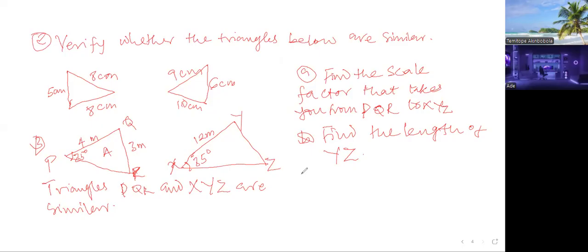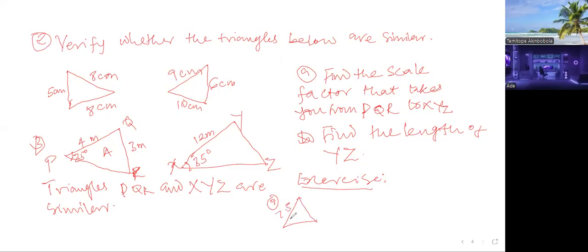So I want you to quickly do this one. In 2 minutes, you should be able to do that. Decide whether the triangles below are similar. You have this triangle. This side is 7.5.